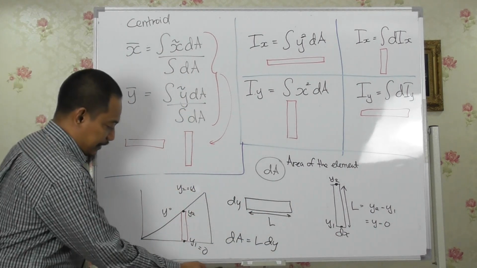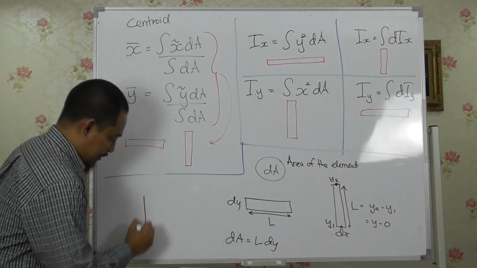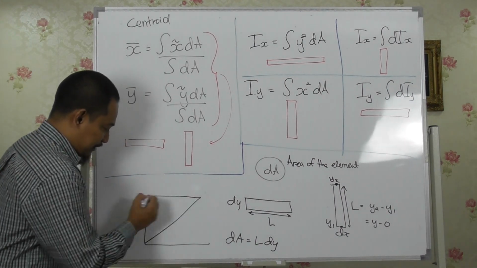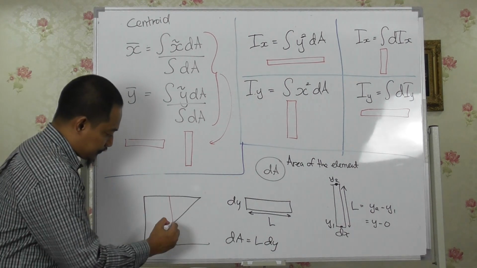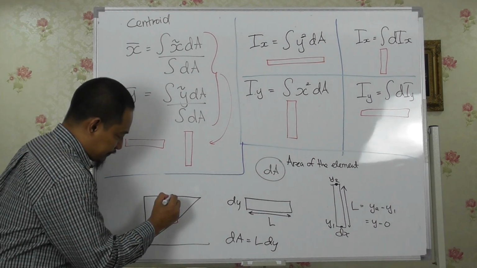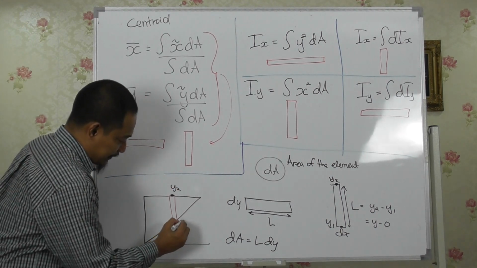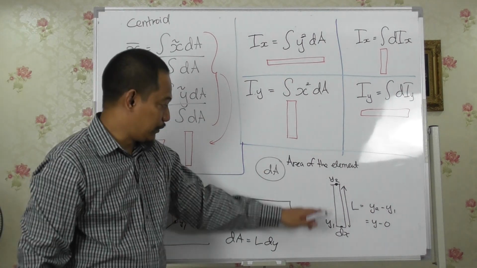But if I'm redrawing it again, and the area is up here, then y2 is here, y1 is here, based on that generic y2 and y1.